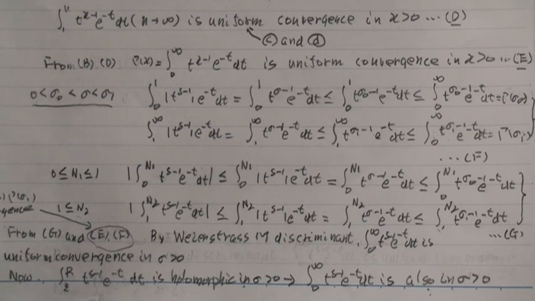And now the integral from ε to R of t^(s−1) e^(−t) dt is holomorphic in σ greater than 0. Then the integral from 0 to infinity of t^(s−1) e^(−t) dt equals Γ(s) is also holomorphic in σ greater than 0. I could say it's finished.